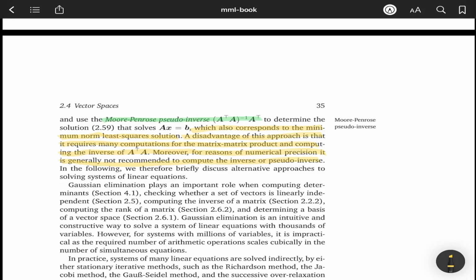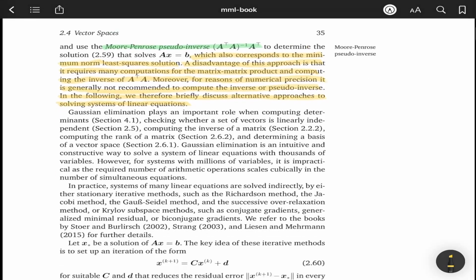Okay, I guess our computers are not made for that. Like, once the numbers are too small, then we will lose precision. In the following, we therefore briefly discuss alternative approaches to solving systems of linear equations.